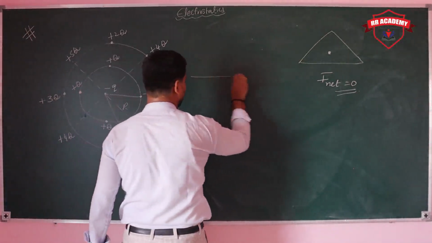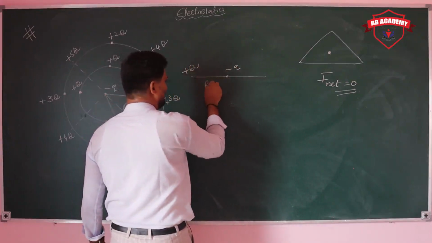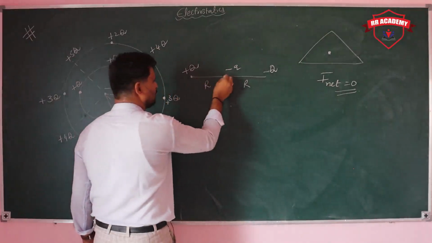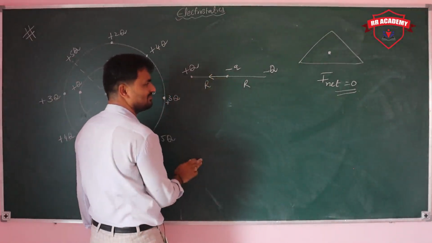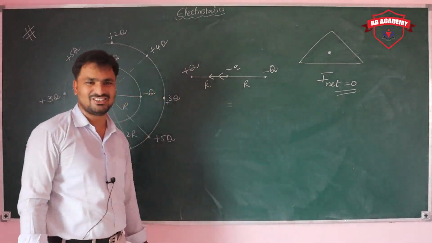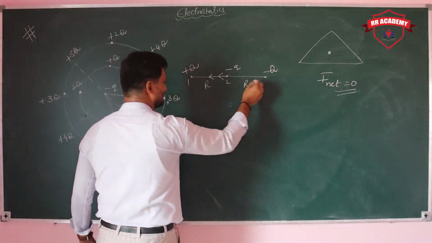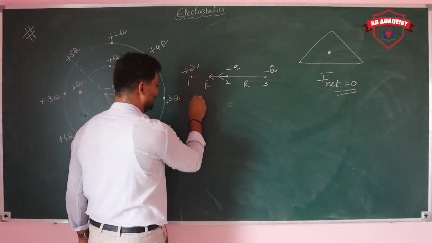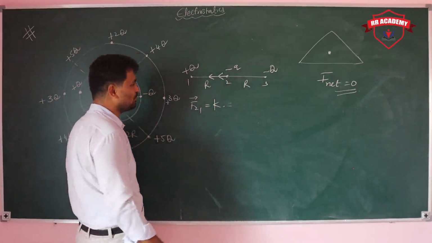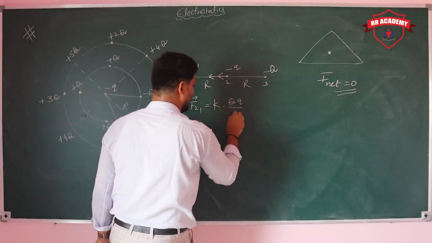Let's see what forces are acting on that. This is a minus q and this is a plus q, separated by distance r. This is also r. Let's see the force between these two. What is the direction? Attraction. Between these two charges, what is the direction? Repulsion. So let's take the values. Call them 1, 2, 3: force on 2 by 1 is k, that is 1 by 4 pi epsilon naught, q into q by r square.